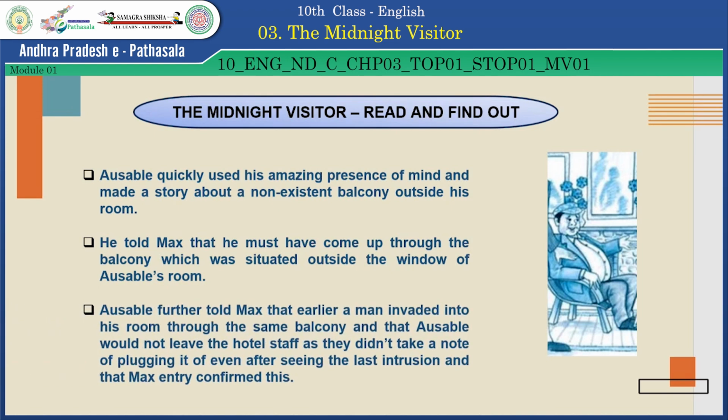Asabul further told Max that earlier a man invaded into his room through the same balcony, and that Asabul would not leave the hotel staff as they didn't take a note of plugging it off even after seeing the last intrusion, and that Max's entry confirmed this.